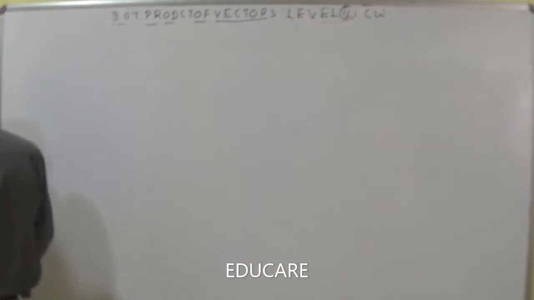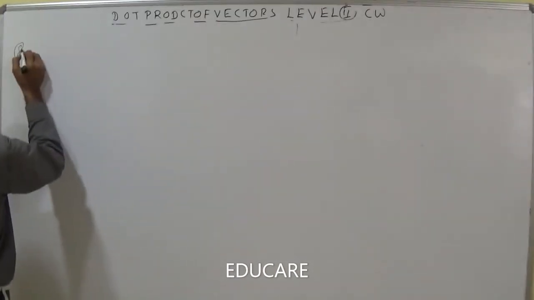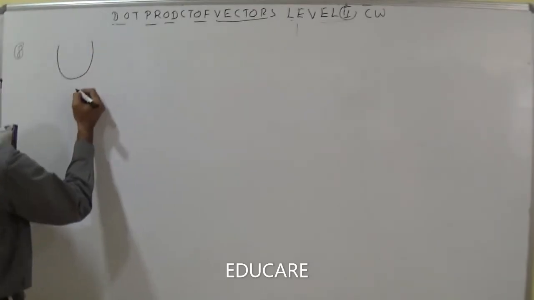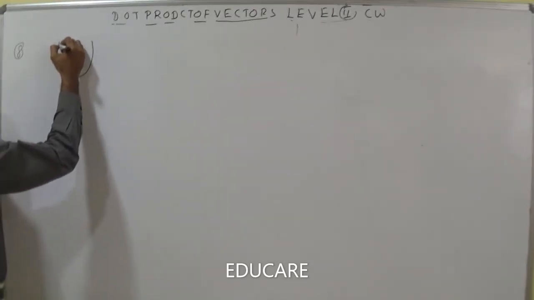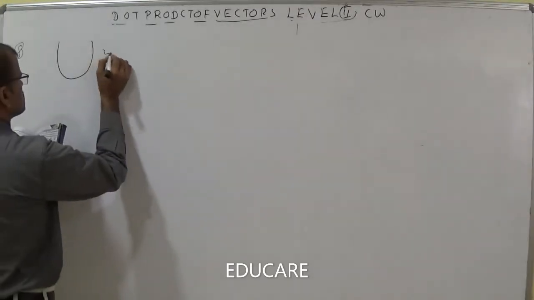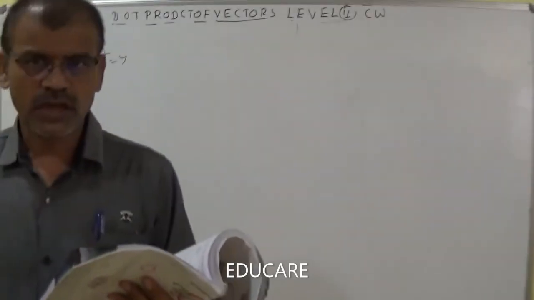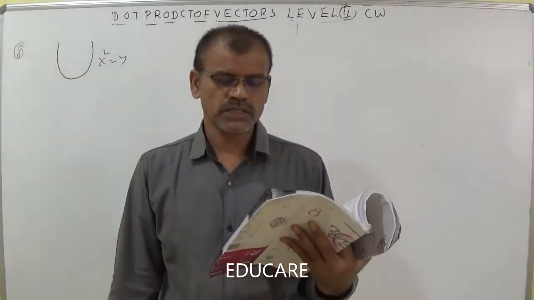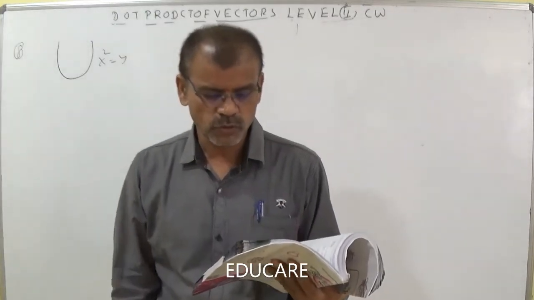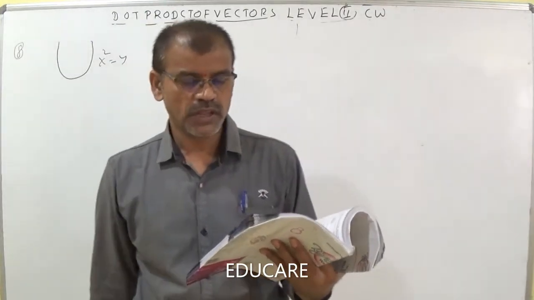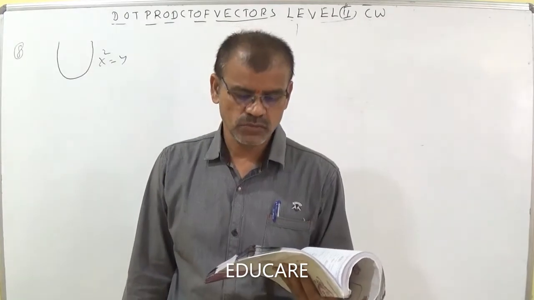Let us draw the diagram. The formula x square equal to 4ay is the parabola equation, and he given x square equal to y. A, B are 2 points on the curve y is equal to x square in the xy plane satisfying OA dot I equal to 1 and OB dot I equal to minus 2. Find the length of vector 2OA minus 3OB.